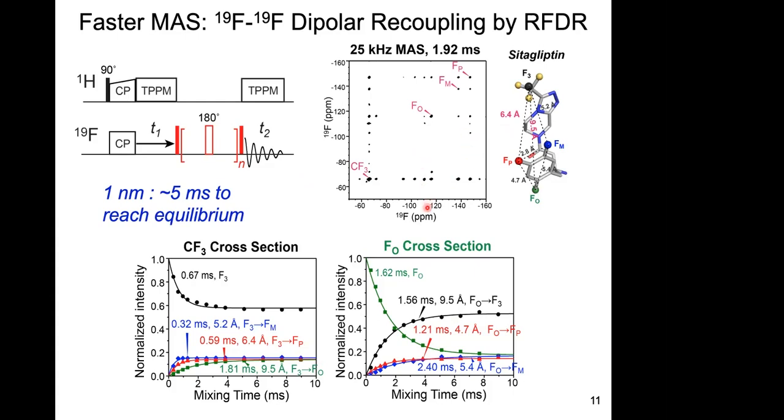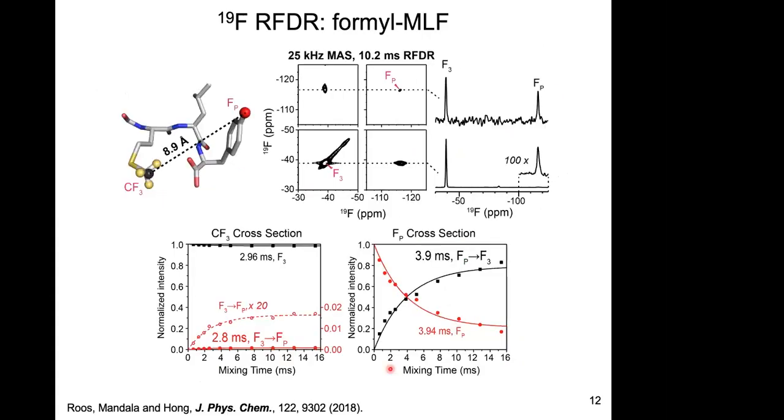I have 6 fluorine spins in the molecule: 3 CF3 fluorines and 3 aromatic fluorines. If everything has exchanged magnetization and reached equilibrium, then everybody should get 1/6 of the magnetization. And that's indeed what I see here, about 16%. So that's pretty good.